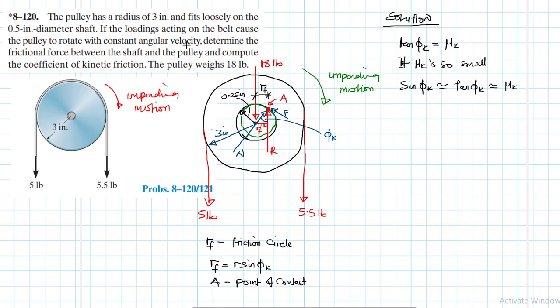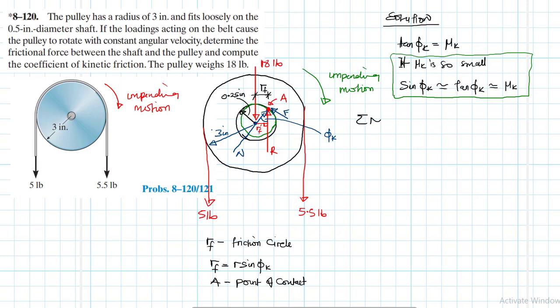This condition happens when the coefficient of kinetic friction is so small. Then you can have that approximation, but we are going to use the first one, which is tan phi k equal to mu k. So let's take moments about point A.